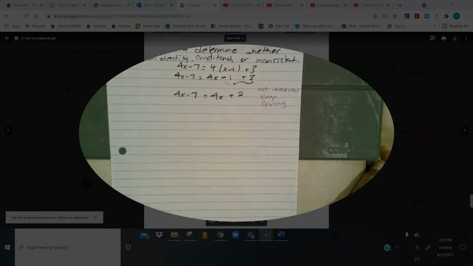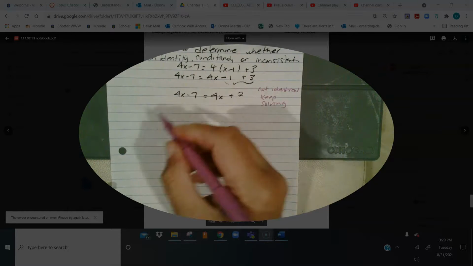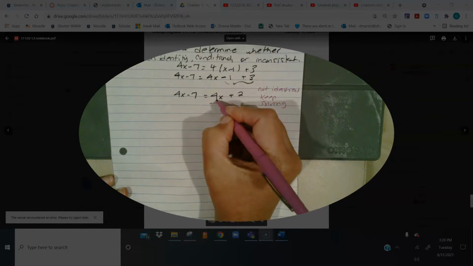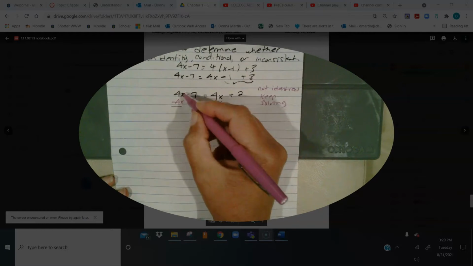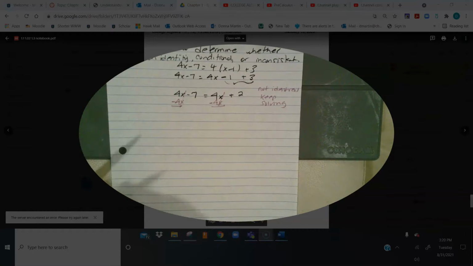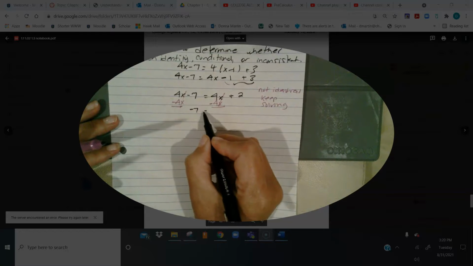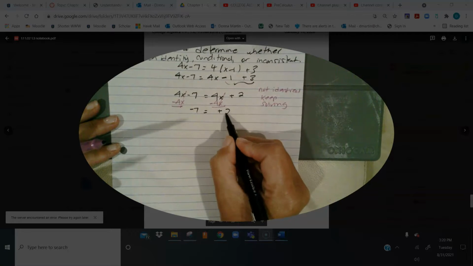If it's not identical and you need to keep solving, then you're at the point where you are grouping linear terms with linear terms and constant terms with constant terms. The linear terms are 4x. To move a 4x, use the opposite operation. Those would cancel, and you're left with negative 7 equals positive 2.